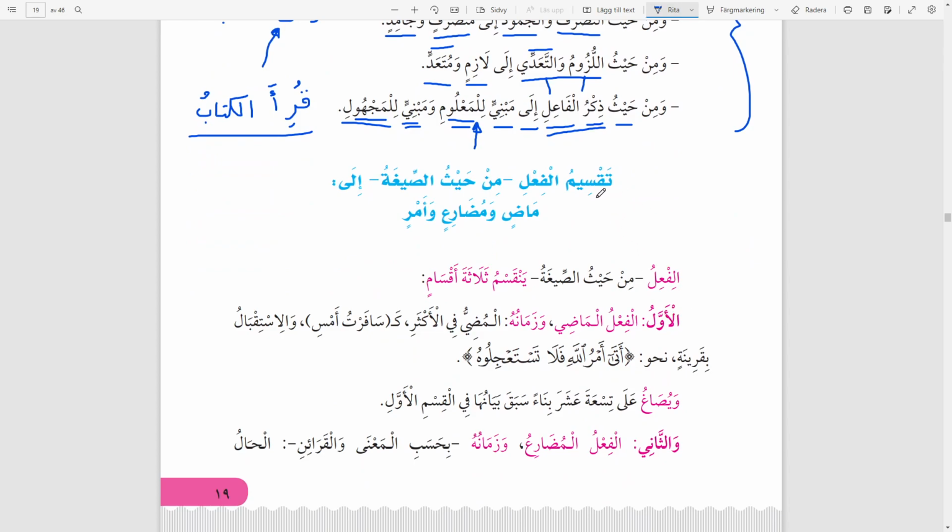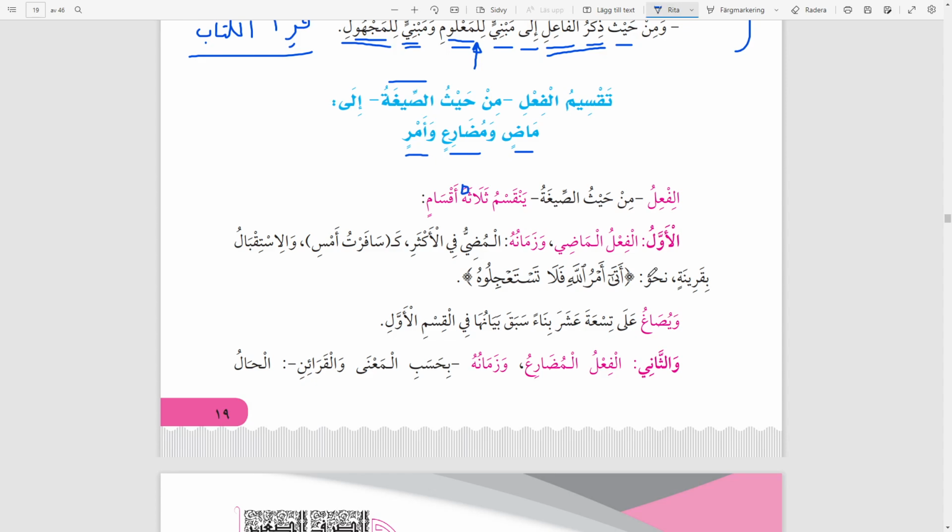The first one is splitting the verb with regards to its tense, but صيغة means mainly the form of expression, into past, present, and imperative. الفعل من حيث الصيغة ينقسم إلى, I guess, ثلاثة أقسام. الله أعلم, this might be correct as well. الأول, so with regards to the tenses, you have three tenses in Arabic.